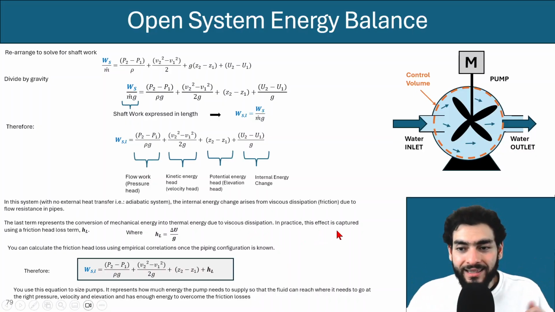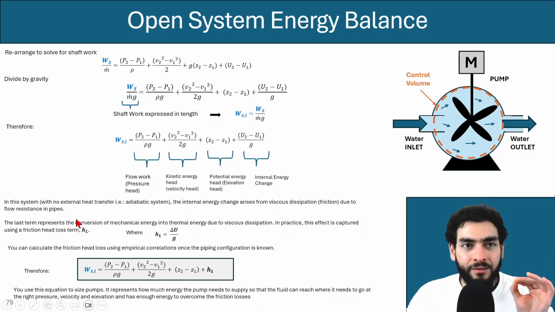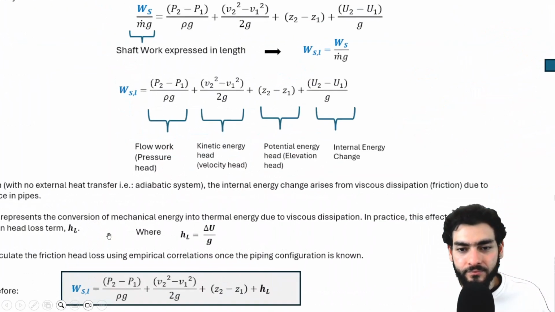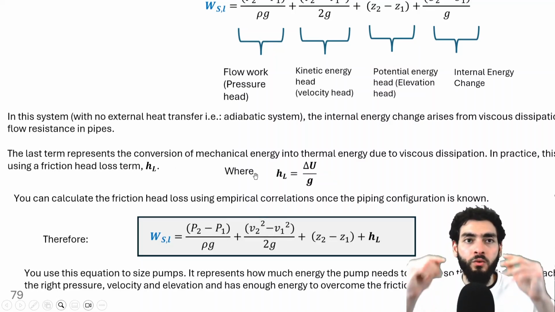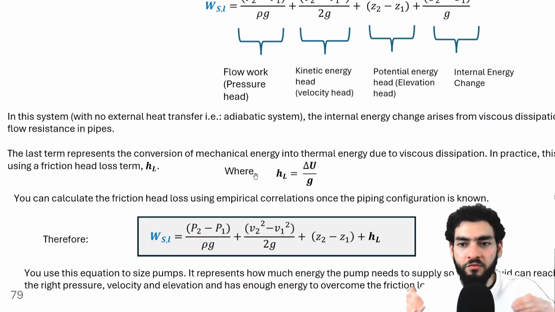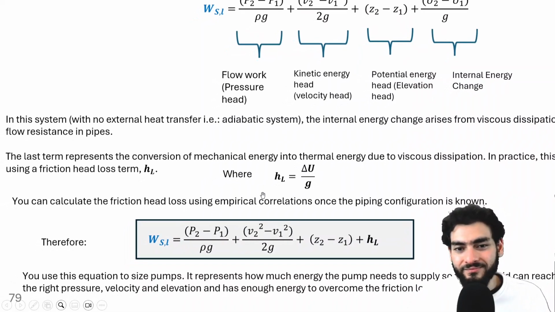Now in practice, this effect is captured using a frictional head loss term, sometimes noted as HL, where in this particular application, with all of the assumptions that we've made, HL represents the change in internal energy divided by gravity.